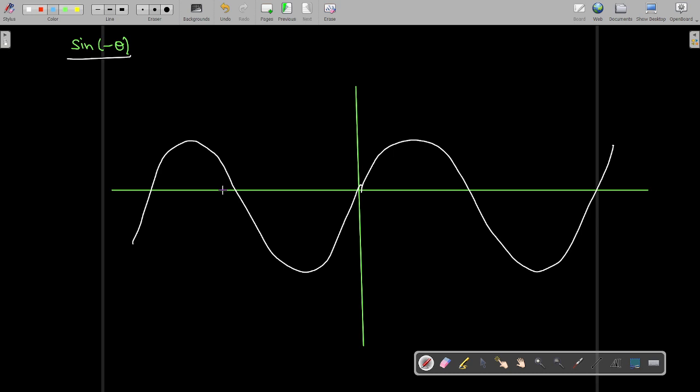It's mirroring on the y-axis. So this hump will be like this, and this downward hump will be reflected like this, and this upward hump will be reflected like here, and this downward hump like here, right? Look at the blue ones, isn't it?